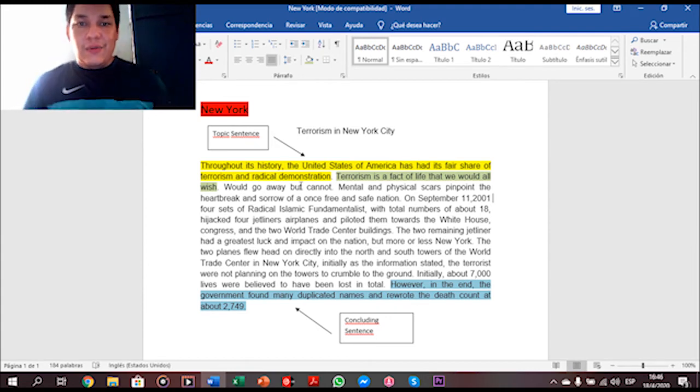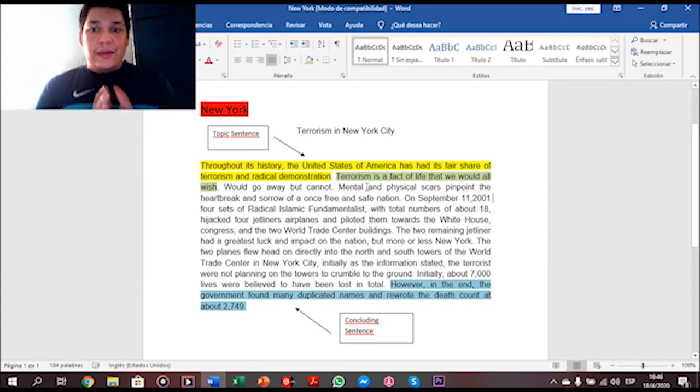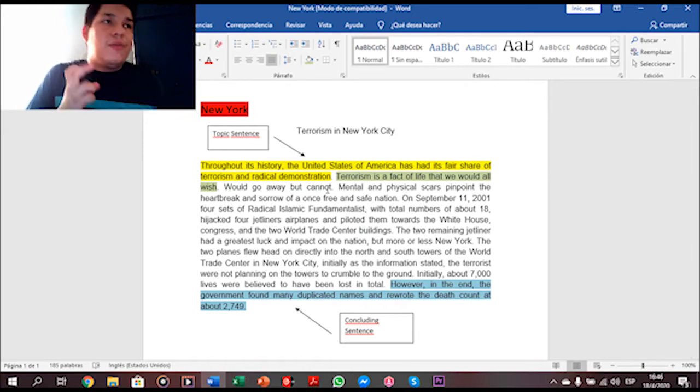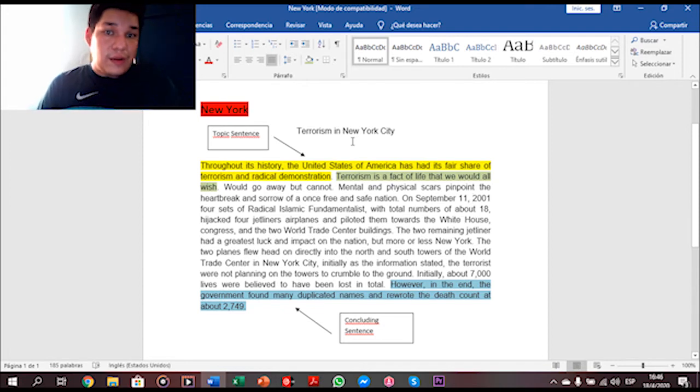Fortunately, what we just read out is to develop and to understand what is important to write a very good paragraph. My classmates say that you have to create a topic sentence that is based on the main facts, or the main idea about this terrorism in New York City, or maybe it can affect the whole country.